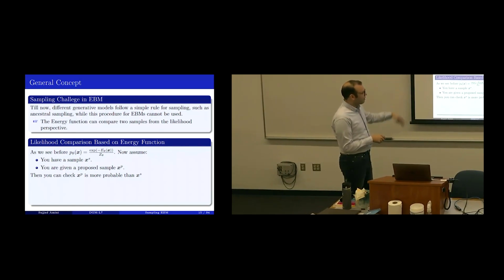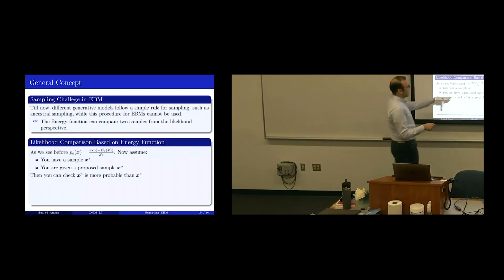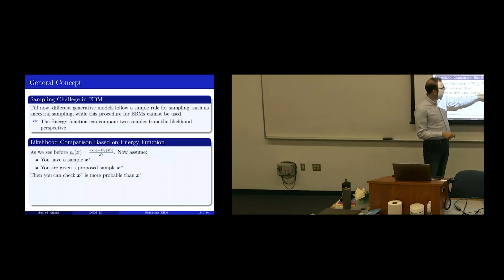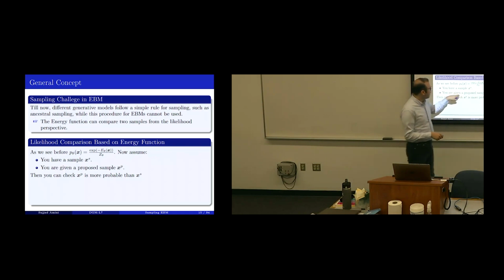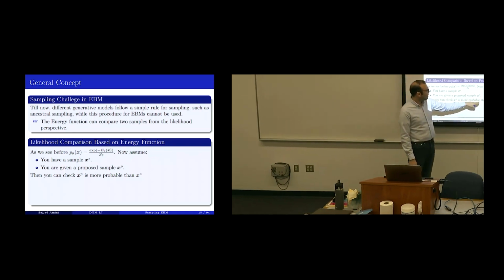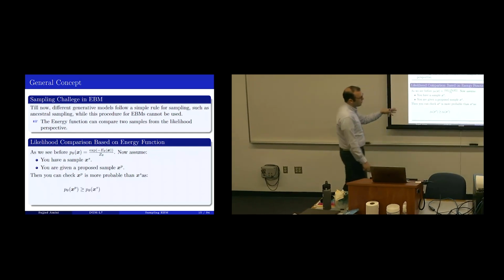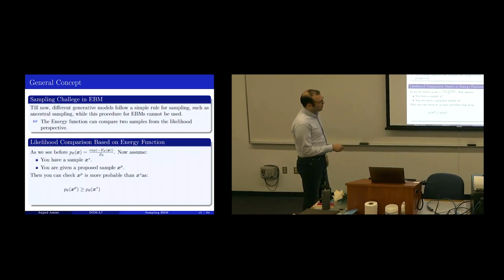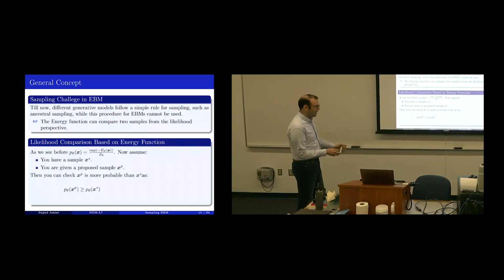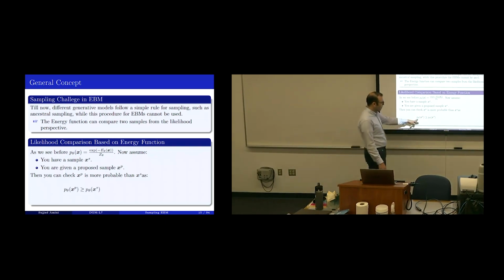This is just the idea that we talk about. You have a sample xs, and you are given a proposed sample xp, x of proposed, x of sample. Now you can check whether xp is more probable than xs using this formula. Because the p theta of xp is not accessible for us now, since we do not have the model likelihood, we just have the unnormalized likelihood.